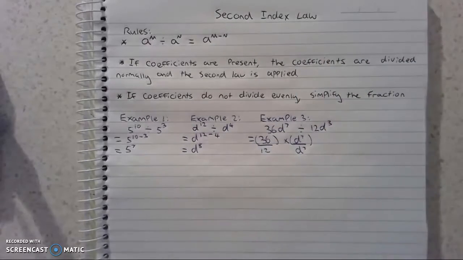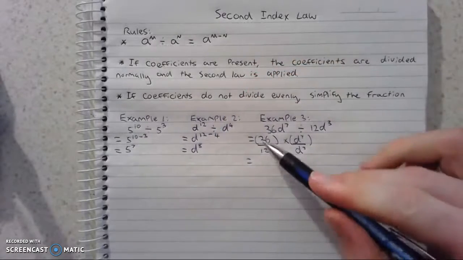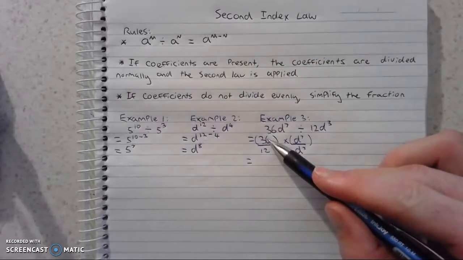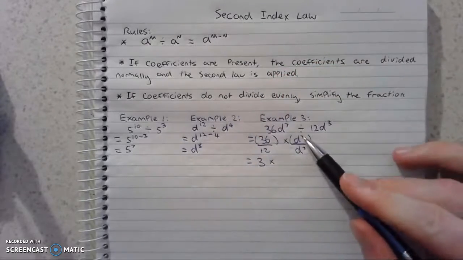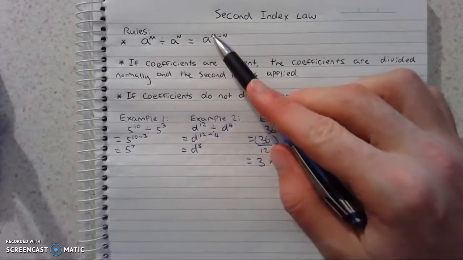Alright, and we work that out. How many times does 12 go into 36? We know that 12 goes into 36 3 times. And then right here we can just apply our second index law.